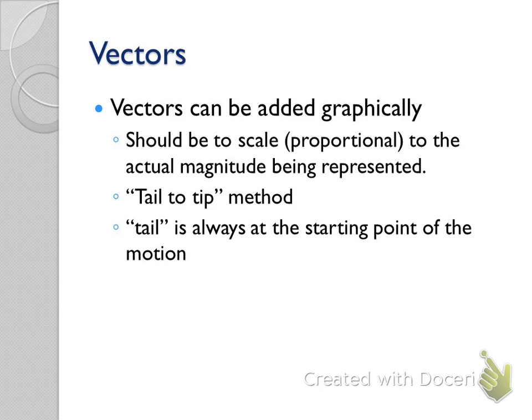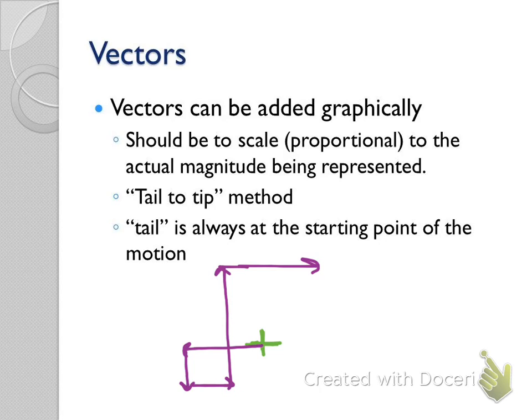Okay, the tail is always at the starting point of our motion. So I said we always start with an origin, right? We pick a 0 point. Let's say I walked west, and then I walked south, and then I walked east a little bit, then I walked north, and then I walked east. Okay, so all of those things are showing the path that I traveled, and I'm adding all those vectors graphically.